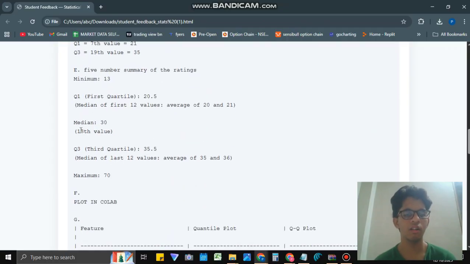Then we have the median, which we already know is the 13th value, 30. The third quartile is similarly the median of the last 12 values, which is the average of 35 and 36, which is 35.5.